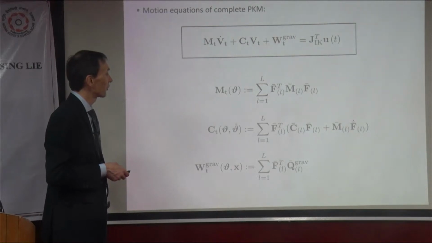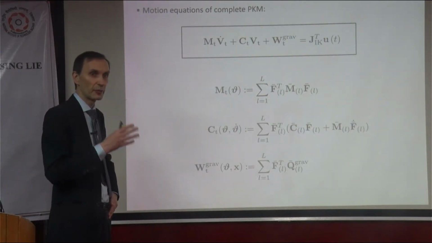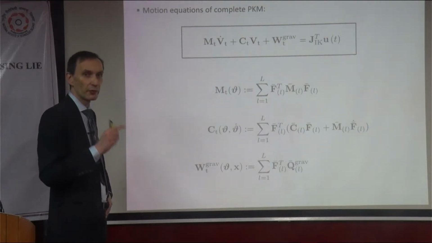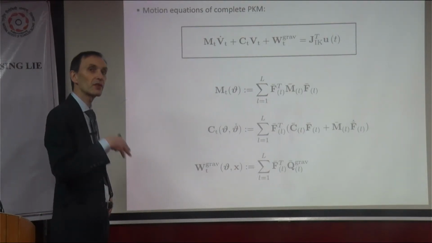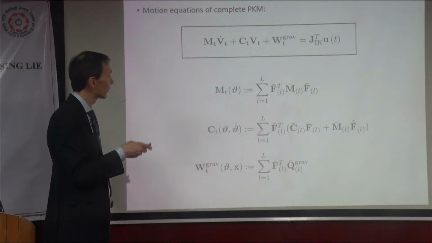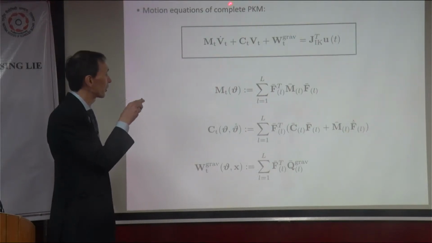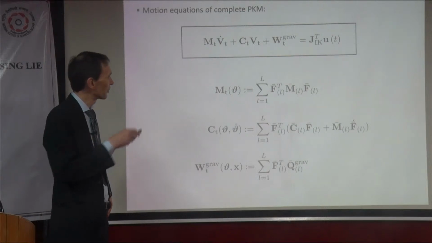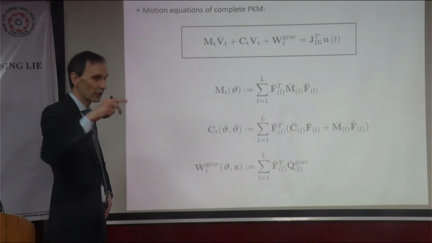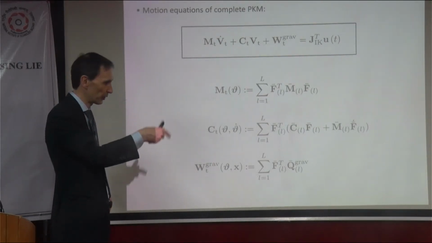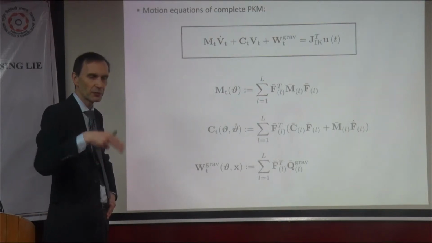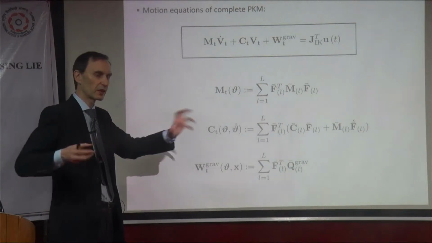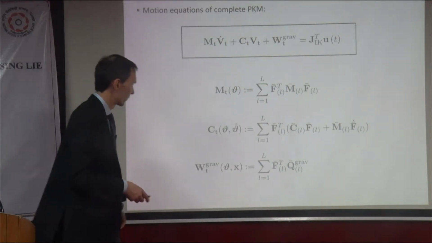So these are the motion equations for a PKM, a parallel kinematic machine, in task space formulation, because these are the motion equations using the platform velocity. I shouldn't say twist, because this is just those components that are really possible for the platform, in this case pure translations. A twist is like a 6-vector, a proper omega and v. But anyway.